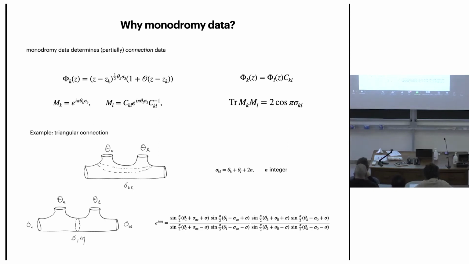So suppose that you know the connection matrix, then the function at zl will have that form. These are 4 unknowns there, but you know that the trace of this composite monodromy data, which I call sigma KL, depends on the entries of C. So it has some partial influence on the entries of C.